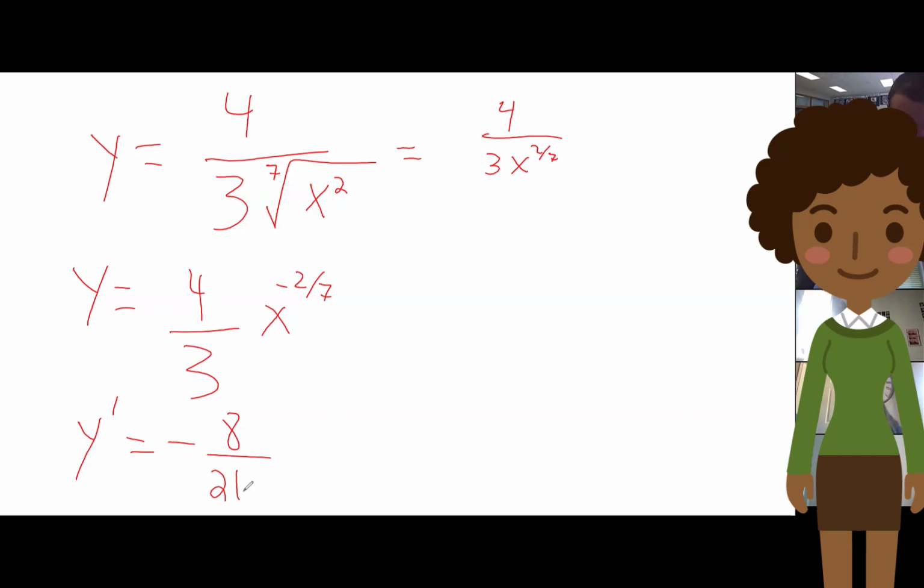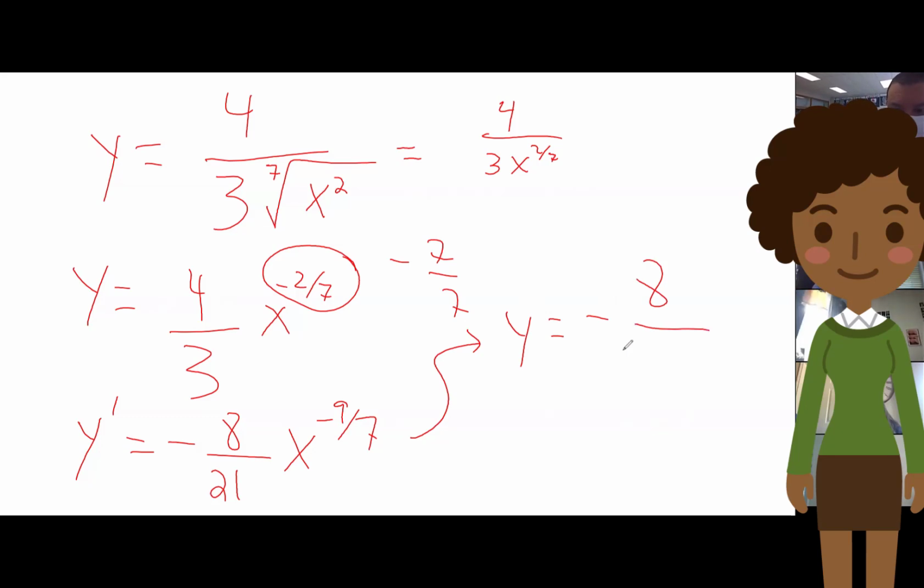Here we go. X to the, you take this exponent and you subtract 7 over 7, because that's a 1. So negative 9/7. There it is. So let's rewrite it. Y equals negative 8 over 21 x to the 9/7.